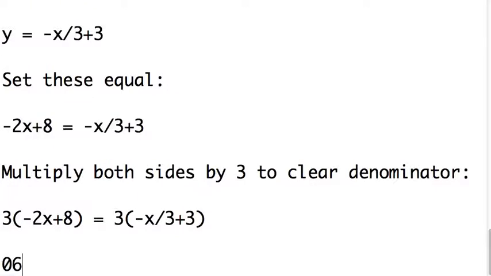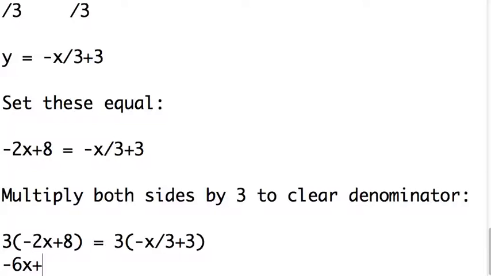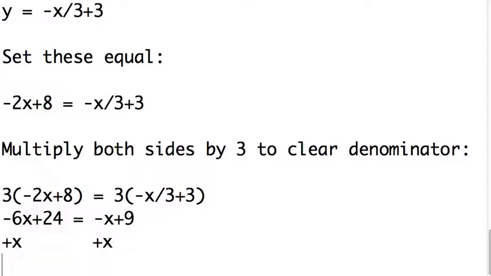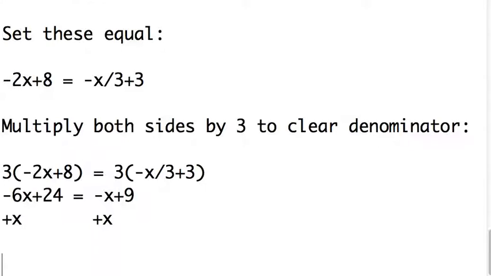So I get negative 6x plus 24 is equal to negative x plus 9. I just distributed and used the fact that 3 will cancel out with this denominator here. Now I'm going to add x to both sides, which gives me negative 5x plus 24 is equal to 9.